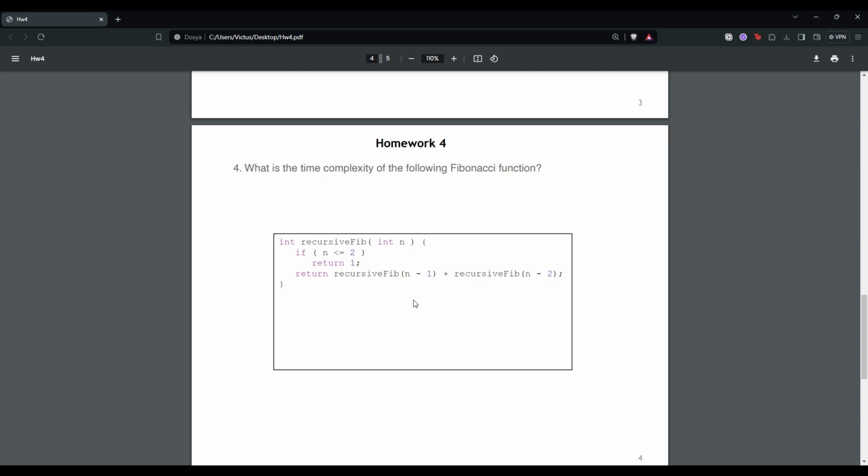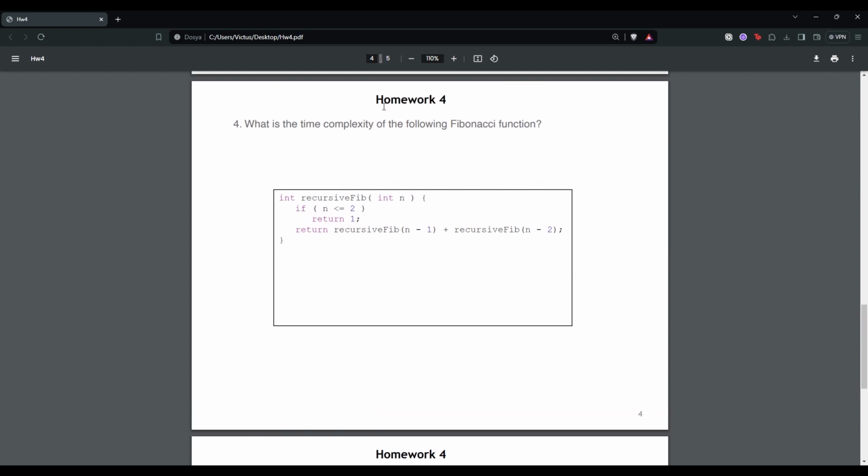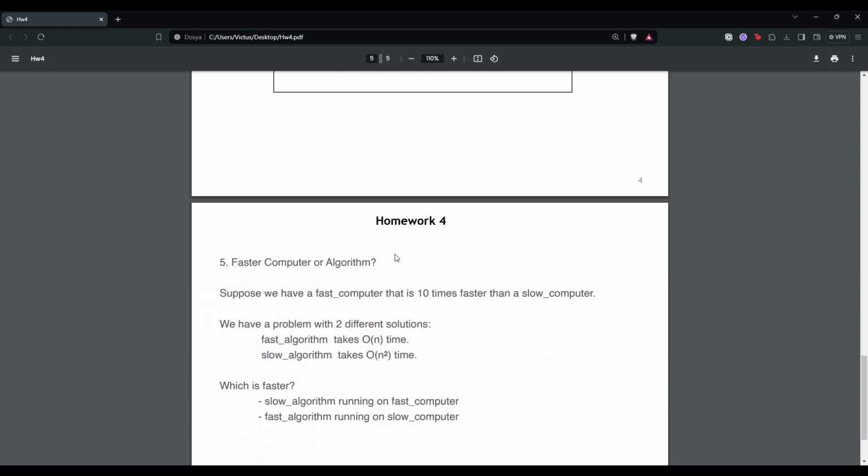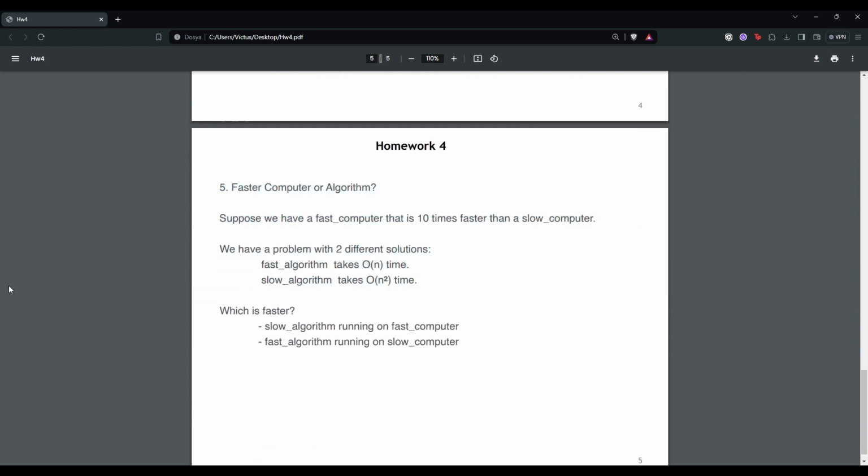Each level of the tree branches into 2 recursive calls until it reaches the base cases, where n is smaller than or equal to 2, which terminate the recursion. The number of function calls at each level of the tree roughly doubles with each increase in n, leading to an exponential increase in the number of function calls and thus exponential time complexity.